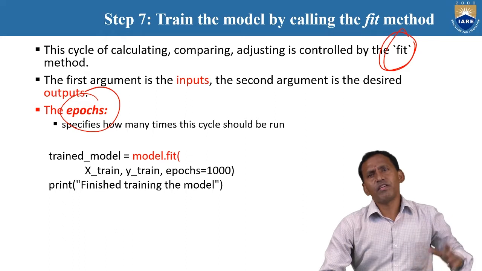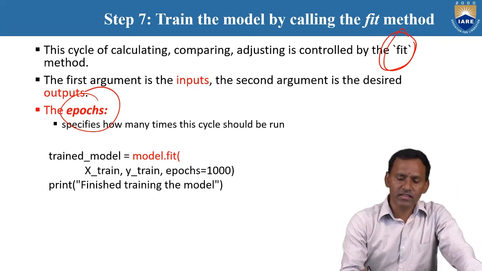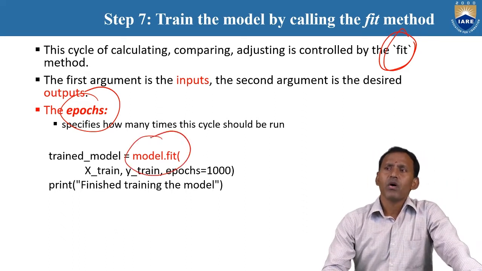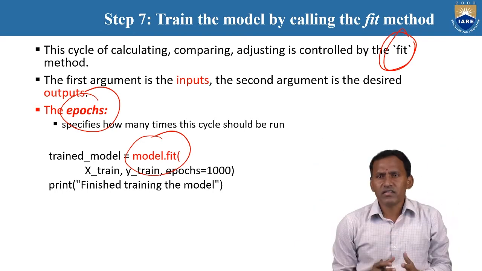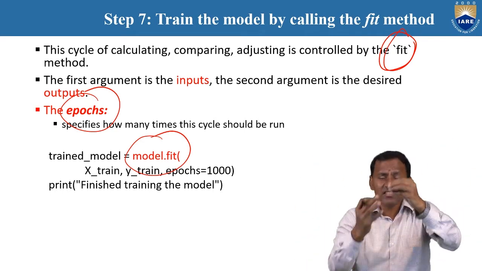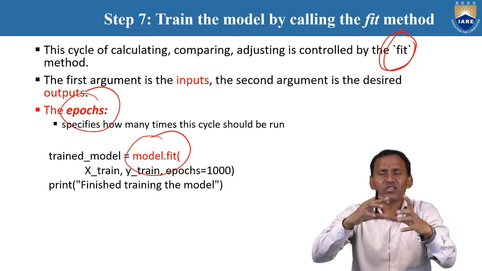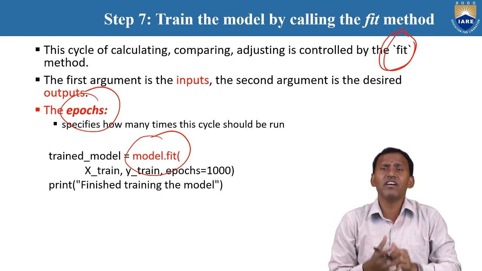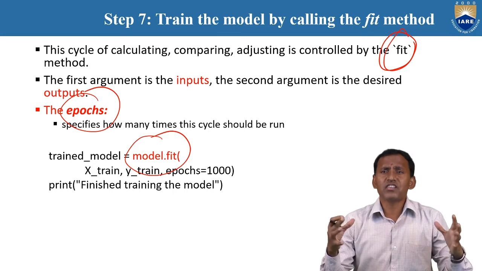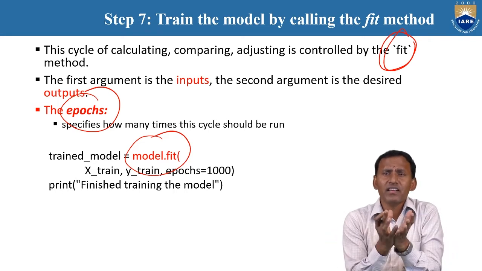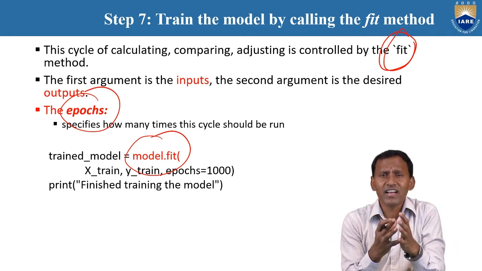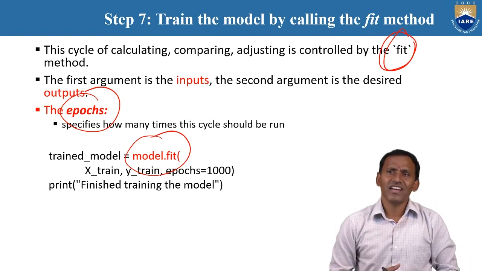So we can train the model by using the fit method. The model we already created contains n number of layers and neurons. We combined all the layers by using the sequential method. Now we have to fit it by using the fit method. By using the fit method, we can train the model, right?